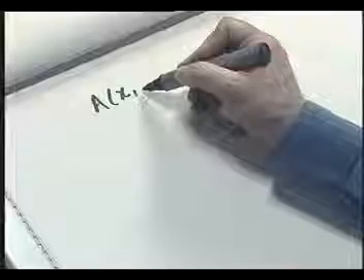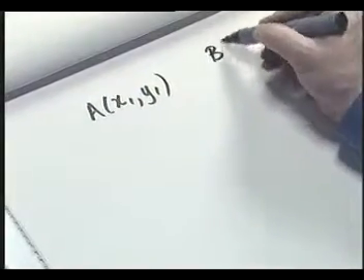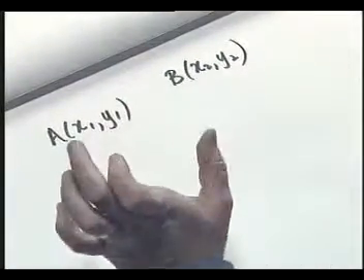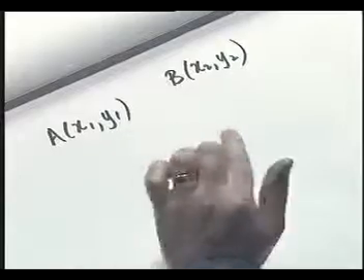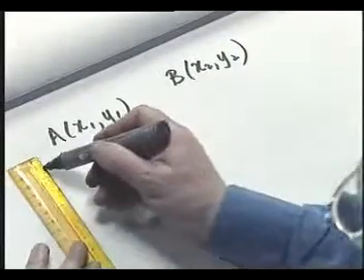Now, I want to do that same argument when we're given 2 arbitrary points instead of 2 specific points. So suppose we have the point A, with coordinates x1 and y1, and B with coordinates x2, y2. And let's see if we can figure out what the equation of the line is joining these 2 points. Now, I think in this case a graph's going to help us.